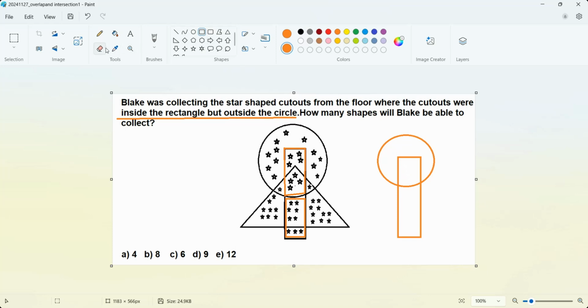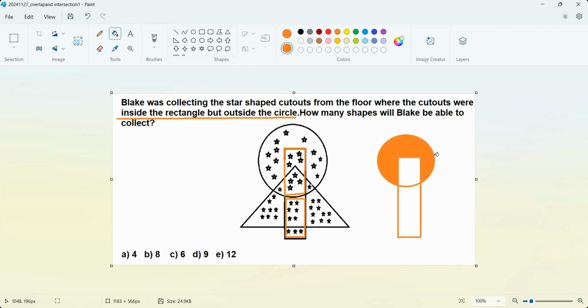Okay, so now let's say we have something that is inside the rectangle and outside the circle. So if that's the case, then we will have inside the rectangle and outside the circle. So this is the part. But let's say someone asks us inside the circle but outside the rectangle.